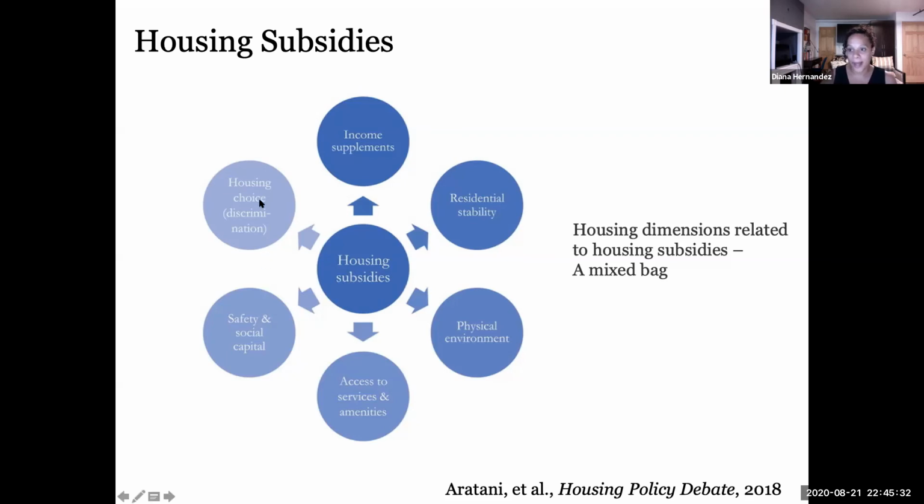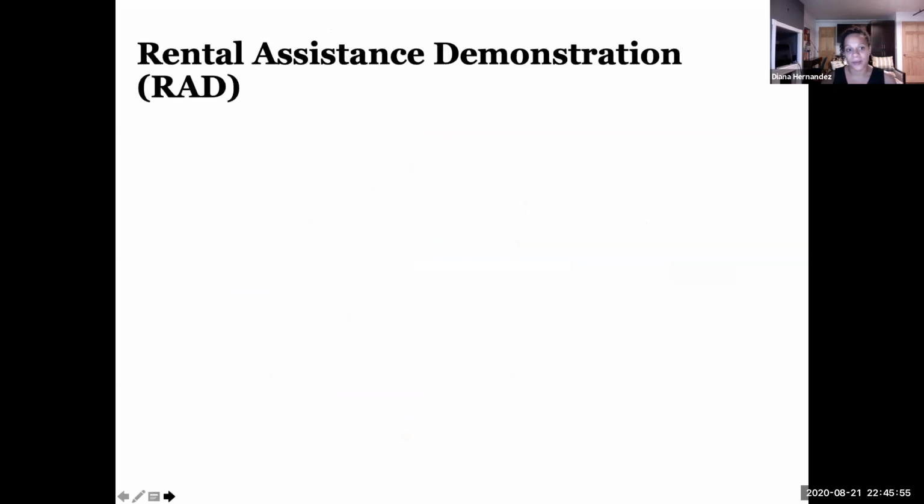It offers that possibility of housing choice, especially when you think about vouchers, although it also introduces the reality of interacting with discriminatory practices. But fundamentally, this is an income supplement, right? It allows low-income people to be able to afford other aspects of their lives because they have this income supplement in a housing subsidy.